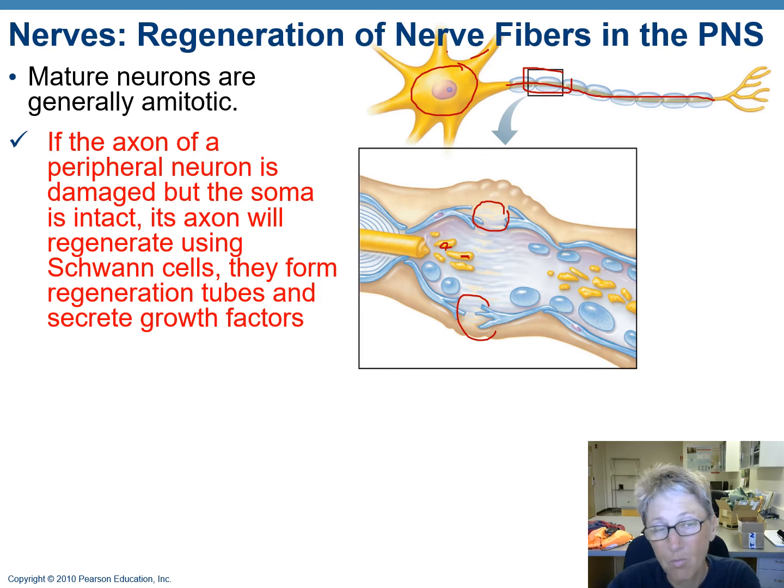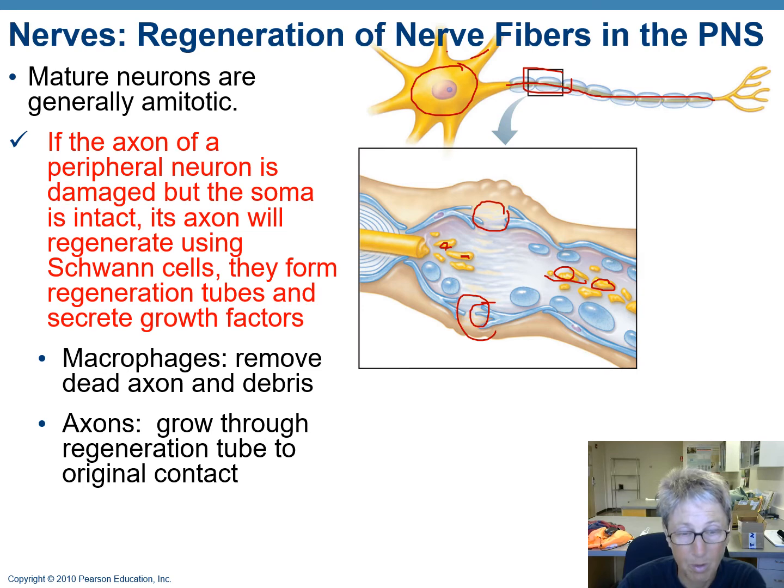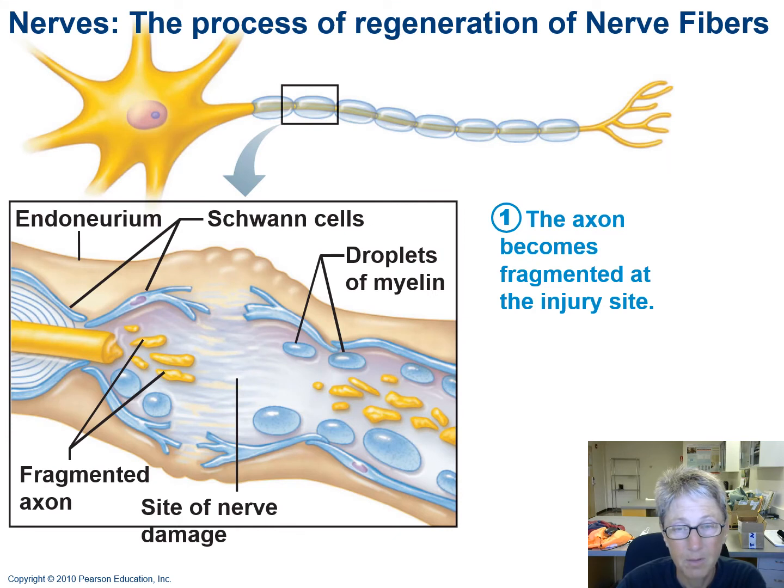These Schwann cells will form regeneration tubes, and then the tubes will secrete growth factors, and you can grow a new axon. There are also macrophages there to remove the debris. So all these fragments of axons and fragments of myelin, macrophages move in there and remove the debris. And I said that this does not occur in the CNS.